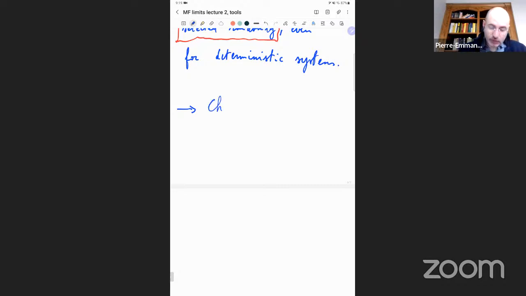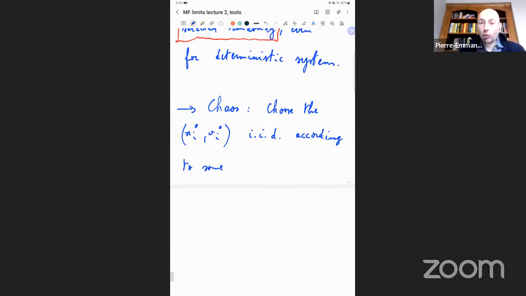And this brings with itself the notion of chaos, which will be very, very important for us. All right, so we choose the x_i^0, v_i^0 IID according to some given law.